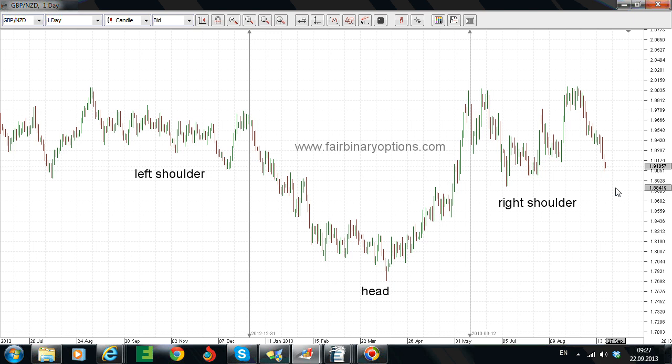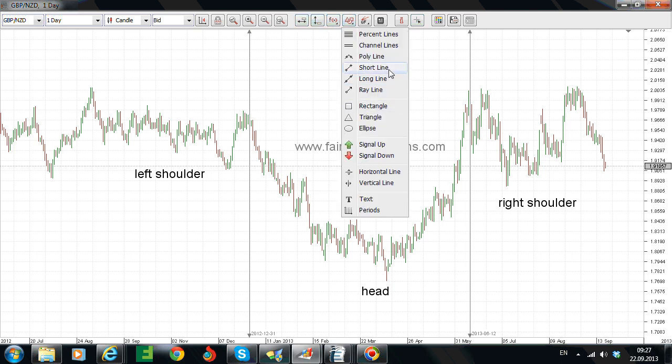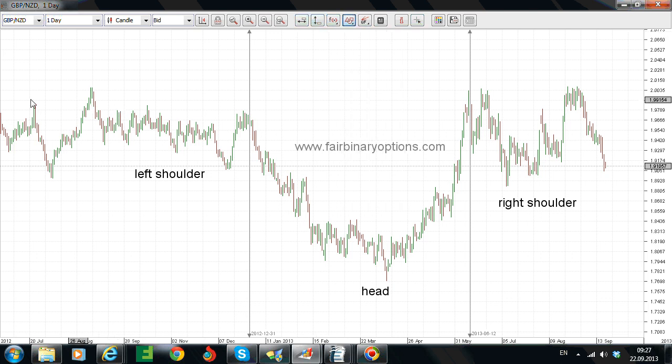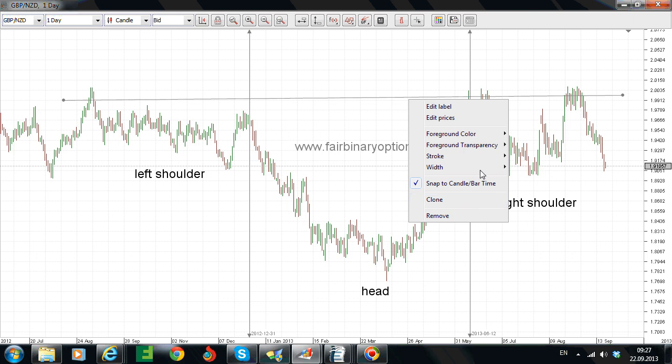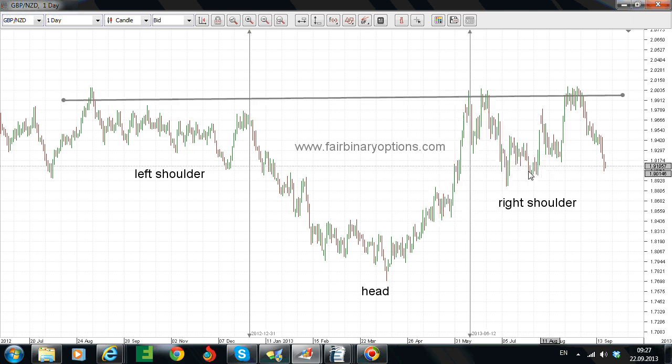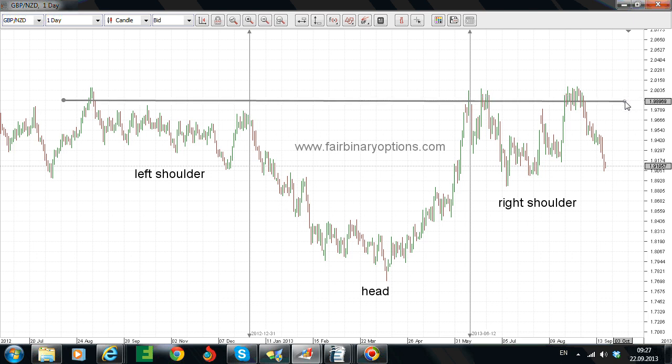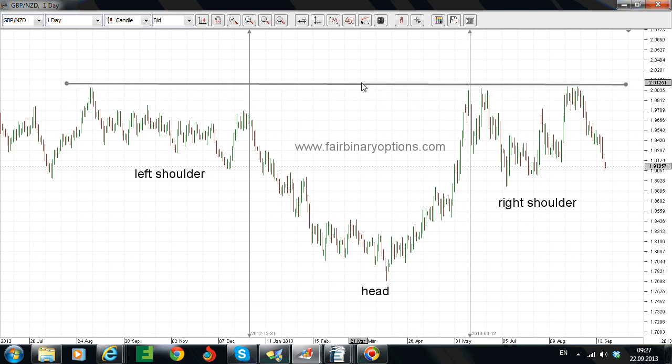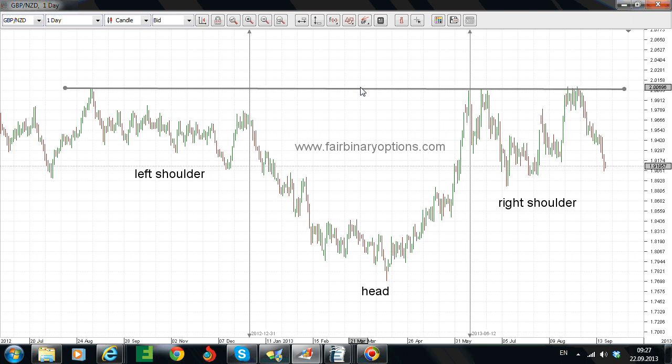Now a head and shoulders or an inverse head and shoulders pattern has an important tool called a neckline, and the neckline is the line where price is hesitating after making the low, in our case here. Such a neckline is, let's say, controversial, because some people draw it exactly where the price hesitates.